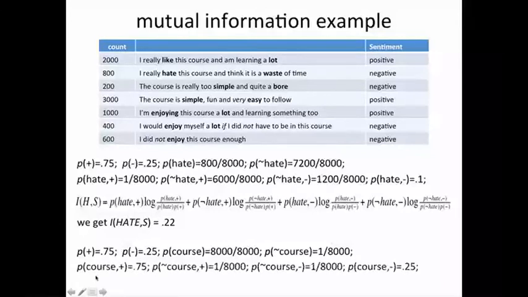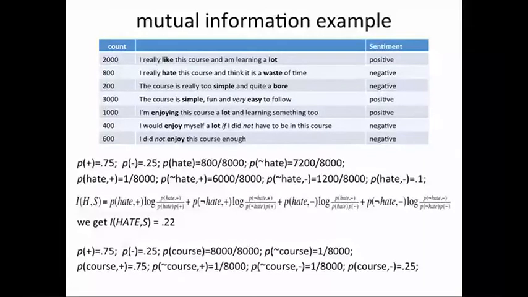The joint probability of coarse for positive comments is just the fraction of positive comments because it occurs in all positive comments. In fact, it occurs in all comments. And similarly, the probability of coarse in negative comments is just the probability of negative comments because it occurs in all comments. And not coarse doesn't occur, so again we smooth this. The resulting mutual information is 0.003.